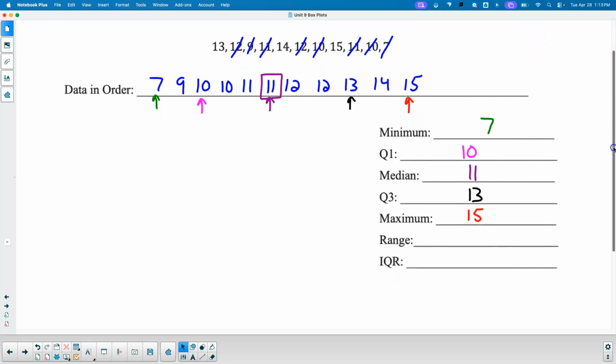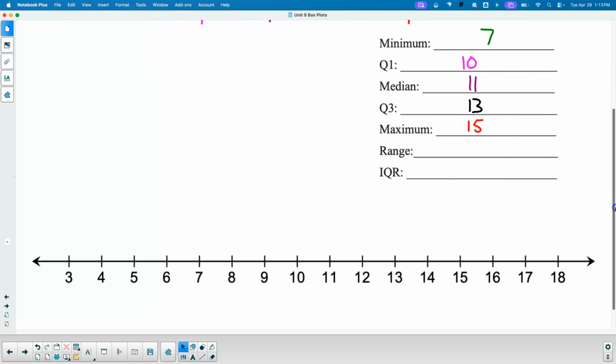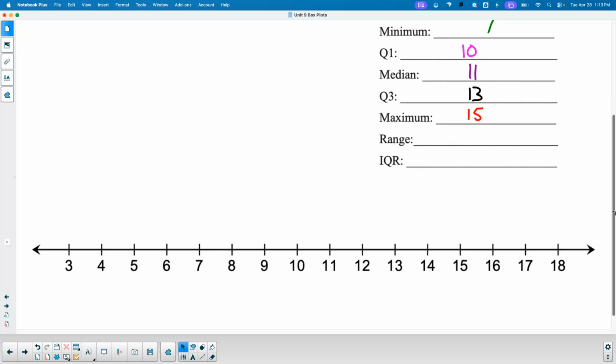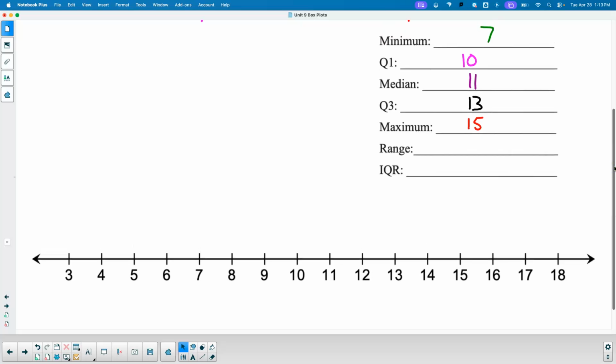So now to make my box and whisker plot, or my box plot, if you will, I start with a dot at my minimum. But I'm going to go up above the line, not right on the line, up above the line. Then I move to my first quartile, and I put a line for that one above where that goes.